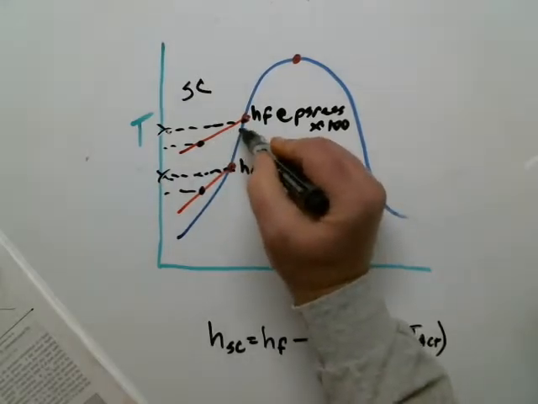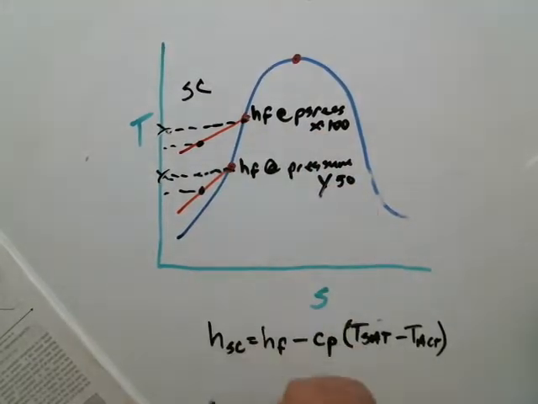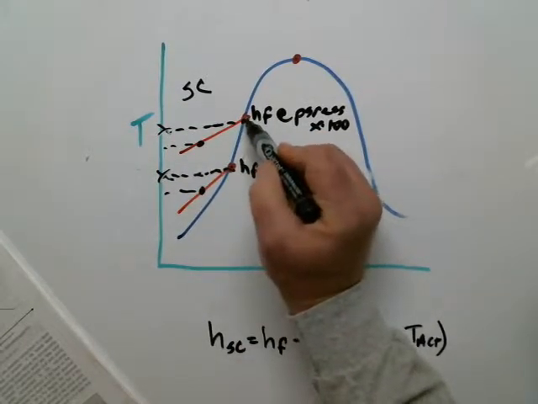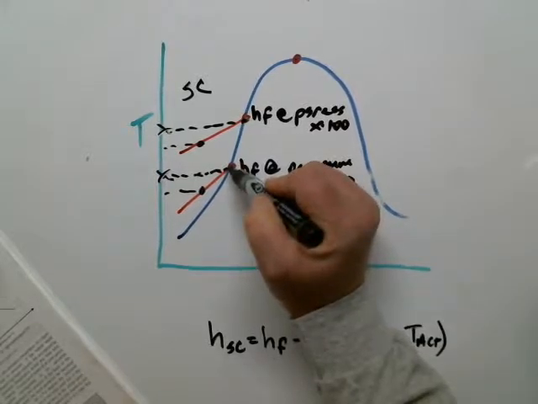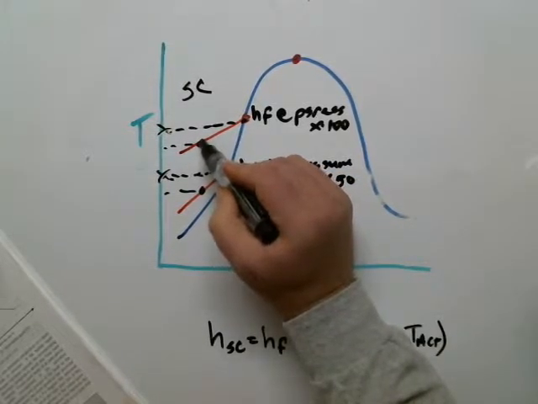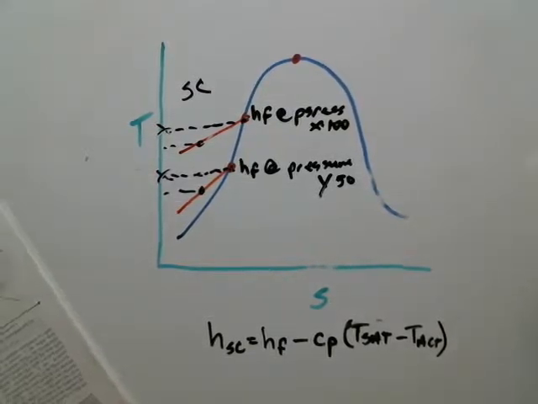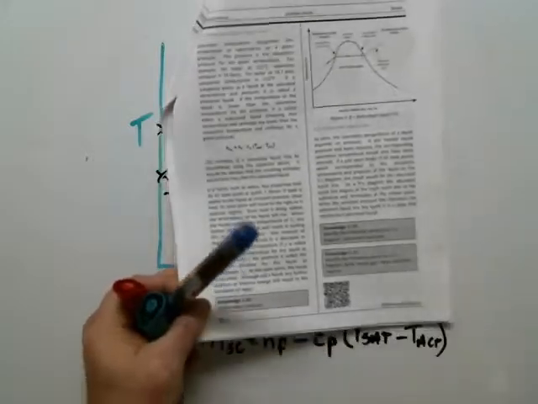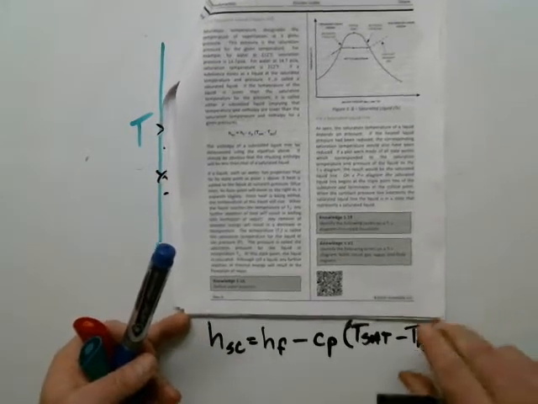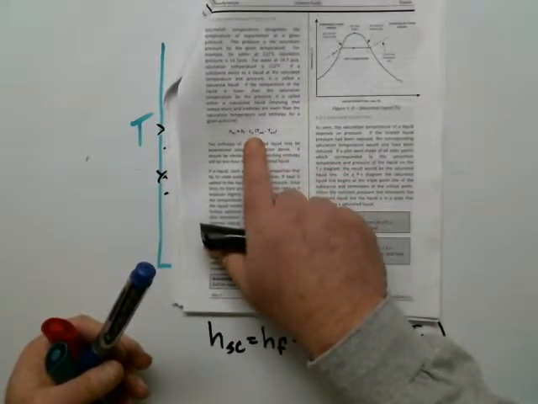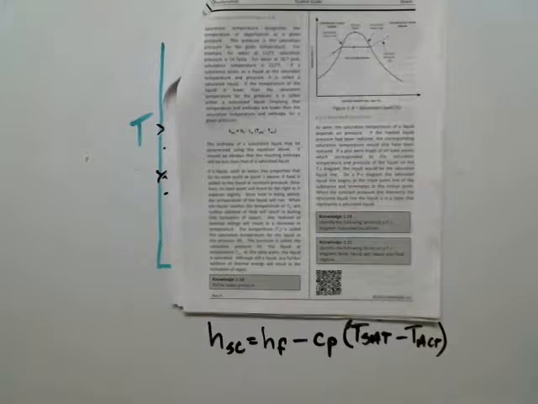So you can see it depends on what pressure you're at, because there's going to be a different saturation temperature for the higher pressure than the lower, and then you're going to be subcooled at that pressure somewhere along this line. If you're looking at this right here, you'll see that equation right in the middle. Enthalpy of a subcooled fluid can be determined using that equation. Very important.